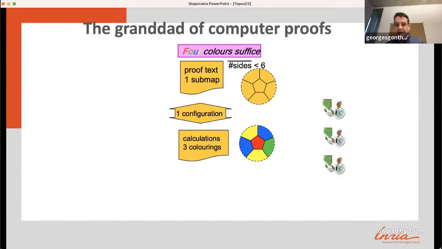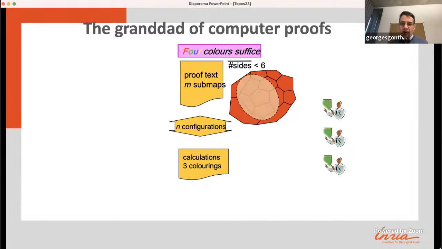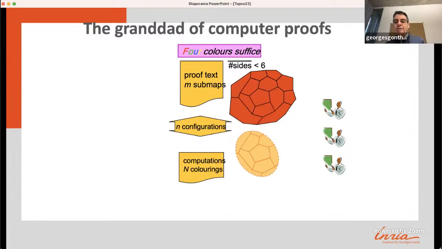That proof outline with one submap, one configuration, and 3 colorings was the infamously failed proof by Kempe and Tait in the late 19th century. So the real proof looks at a much larger number of submaps, a slightly smaller number of configurations, and then a huge number of colorings, because as soon as your configuration gets a little larger, the number of colorings grows exponentially.